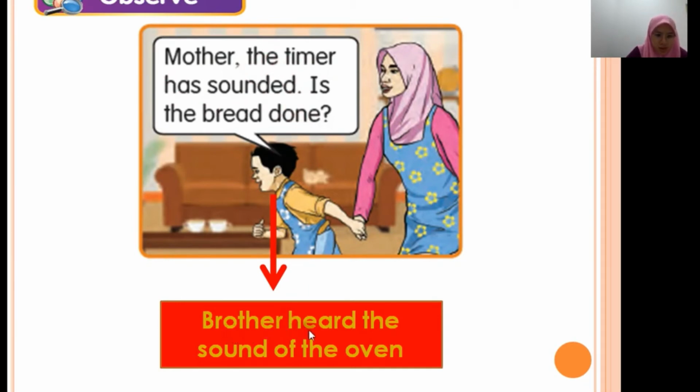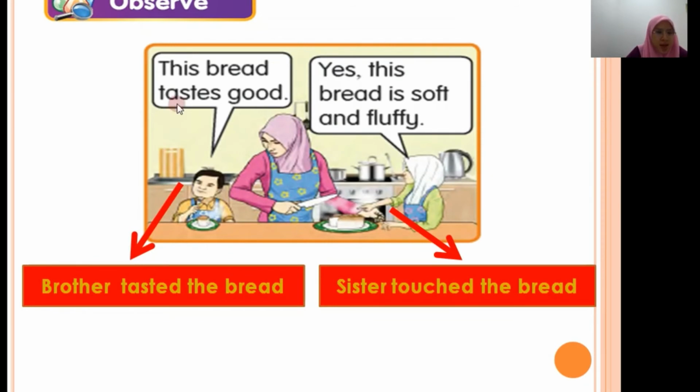So the brother heard the sound of the oven. Next, this bread tastes good. The keyword here is taste. So, brother tasted the bread. Next, yes, this bread is soft and fluffy. See here, sister touch the bread.